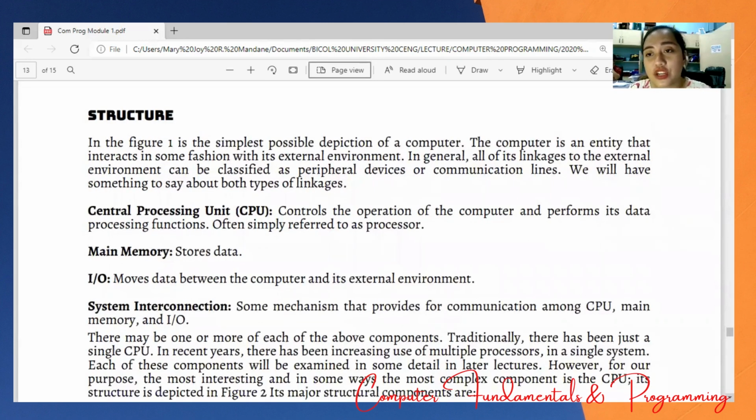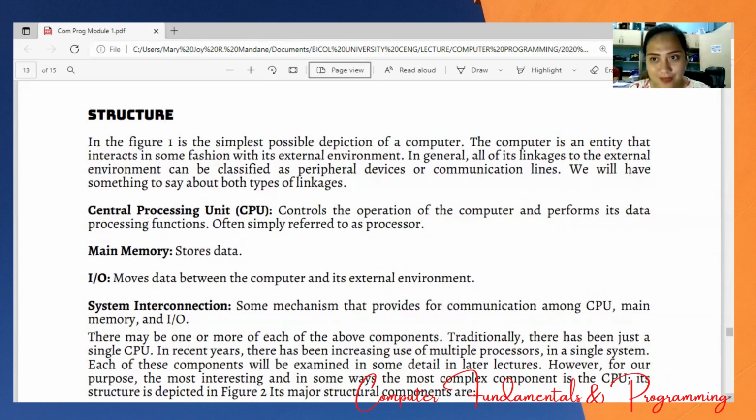So we have the central processing unit or the CPU, which controls the operations of the computer and performs its data processing function. As I discussed a while ago, this is the brain of the computer, often simply referred to as a processor.